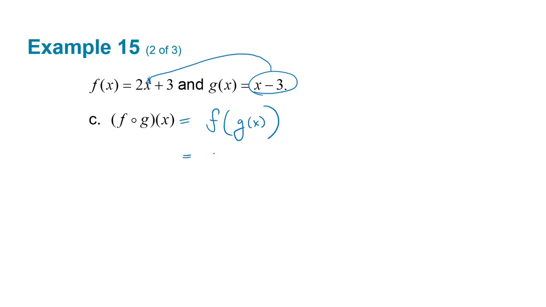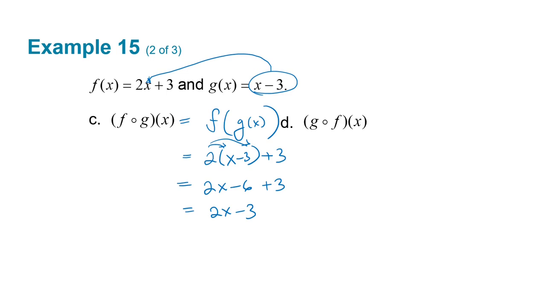So I'm going to plug x minus 3 into the function f. That's 2 times x minus 3, plus 3. And so we could simplify. That's going to reduce this to 2x minus 6 plus 3, and that simplifies to 2x minus 3. So this is f of g of x.